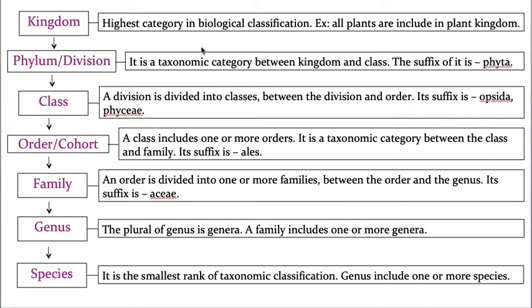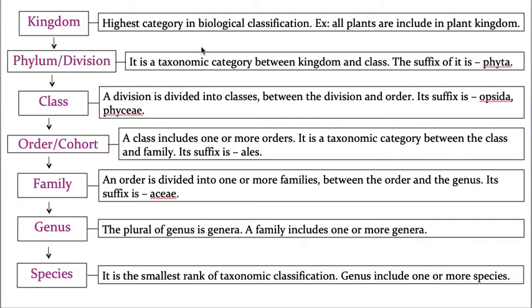The largest phylum of the animal kingdom is phylum Arthropoda. And in that again it includes so many classes. That means the kingdom is the animal kingdom, the phylum is Arthropoda, and insects are the largest class included under Arthropoda.